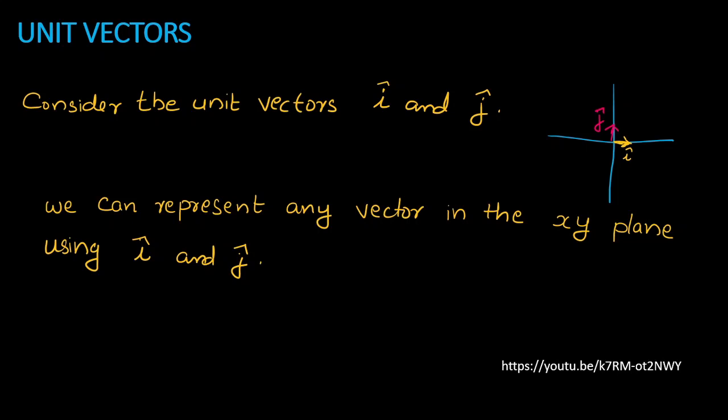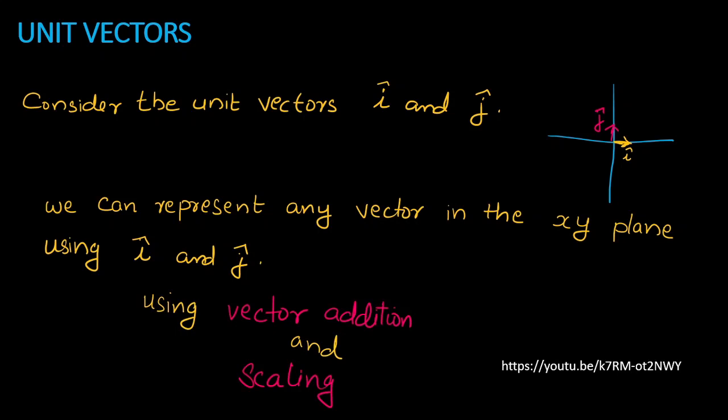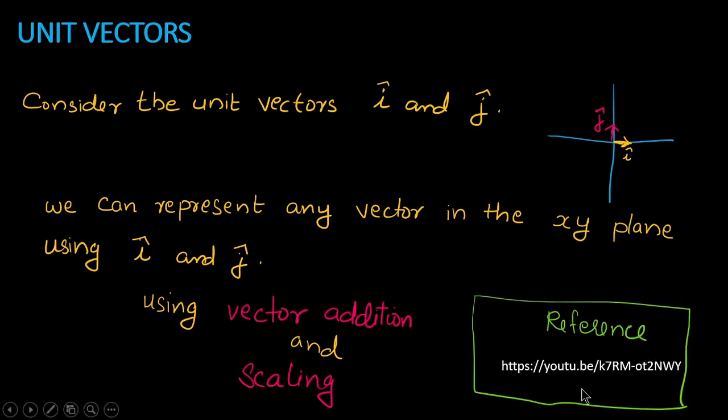Sometimes we can multiply i with a scalar value and we will get a vector, or we can add i and j and we will get another vector. So using vector addition or scaling, we can represent any vector on the xy plane. For more clarity, you can visit this YouTube channel that gives you a graphical representation of how to represent any vector using i and j.